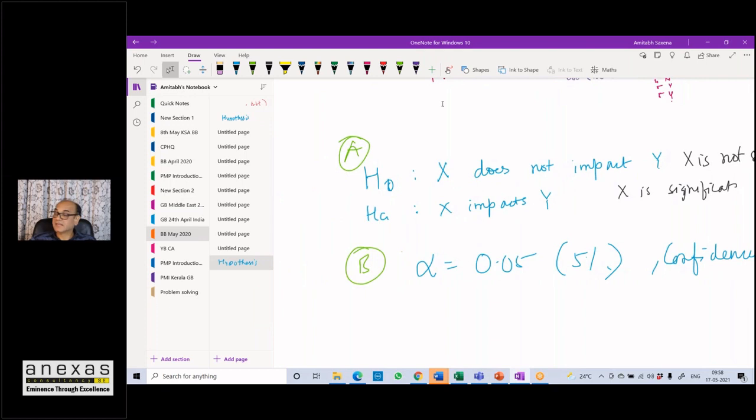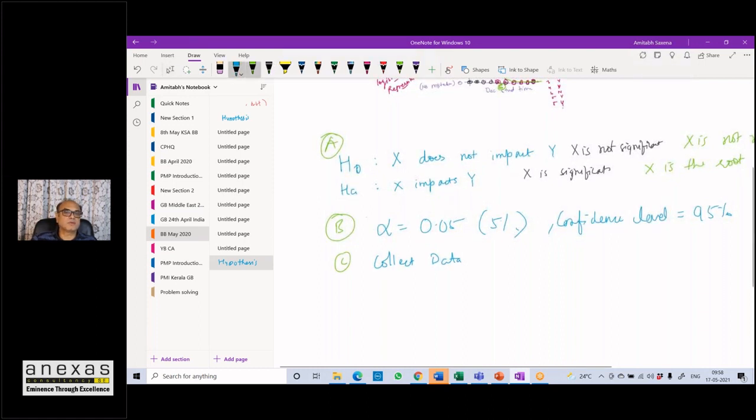Then comes our next step. Then we collect the data on the X and Y. And then after that, we apply the appropriate test. Whatever is the appropriate test, we will apply.